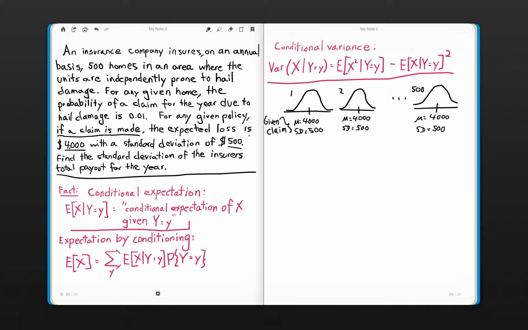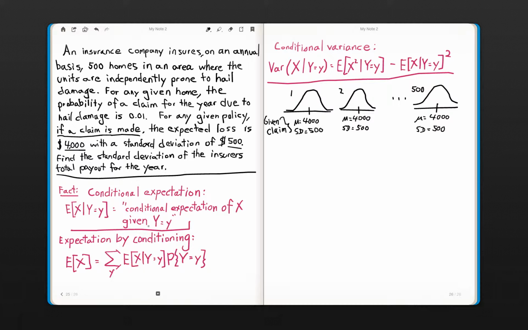Obviously, we do understand what happens. No payout is made, but the point is here, if a claim is made, it's only given statistics on what the parameters of that distribution are. It has expected payout for a given claim of $4,000 and a standard deviation of $500. And we would like to find, again, the standard deviation of the insurer's total payout for the year.